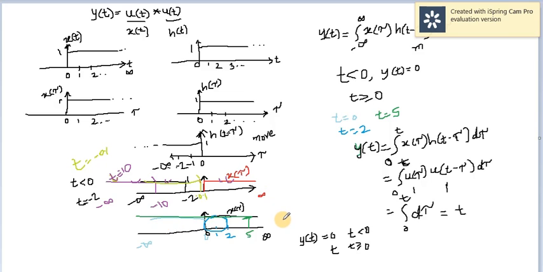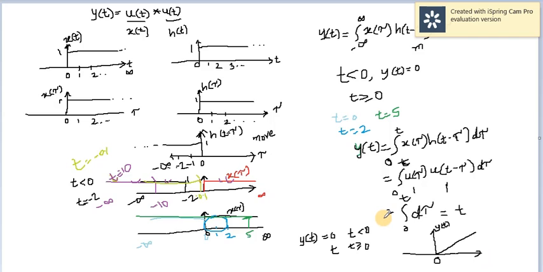When we draw the resulting signal, y of t is 0 for t less than 0, which means on the left side the signal is not lying, its value is 0, and its value is t for t greater than or equal to 0, so it is this kind of a signal. This is the solution of the simplest convolution problem.